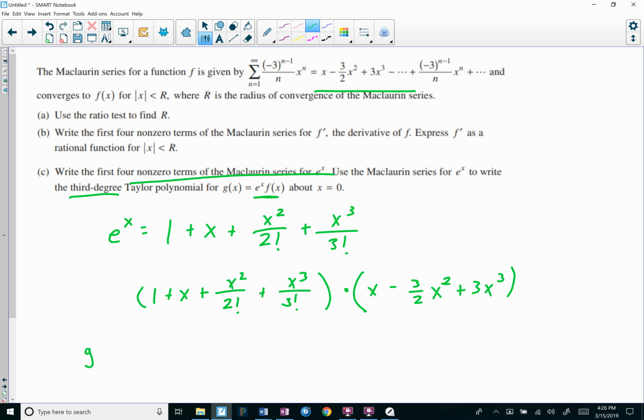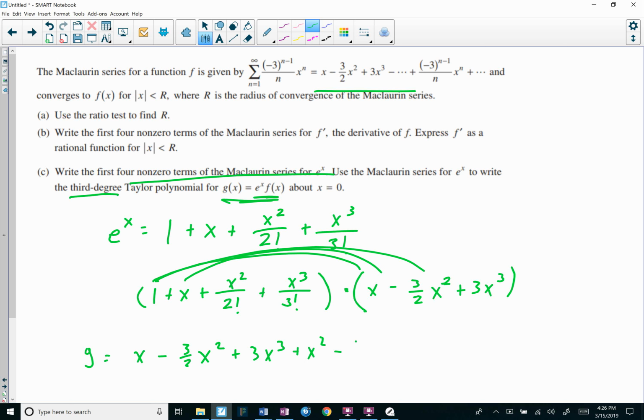I'll call this g, what they called it in the problem. So I'll FOIL. That'll give me x minus 3/2 x squared, just distributing my 1, plus 3x cubed. Distributing my x, I get x squared minus 3/2 x cubed. I'm not even going to distribute to that one because that's going to be higher than third degree.